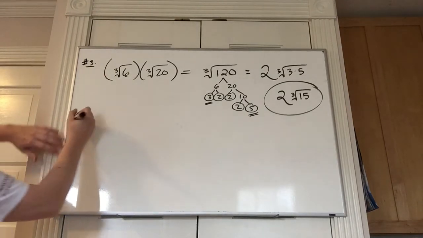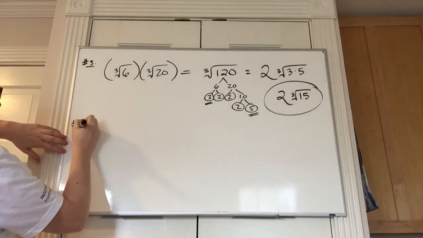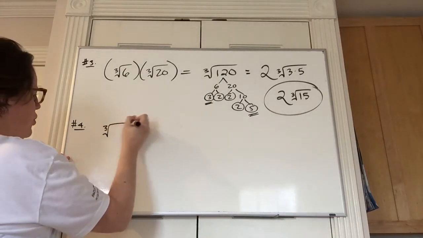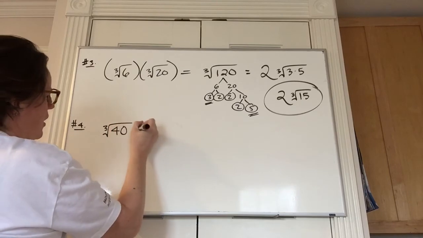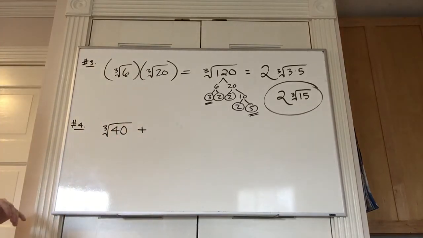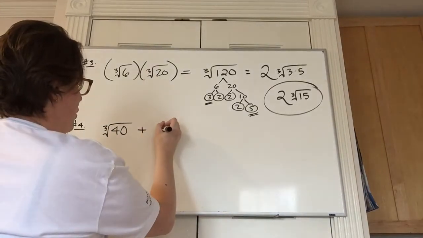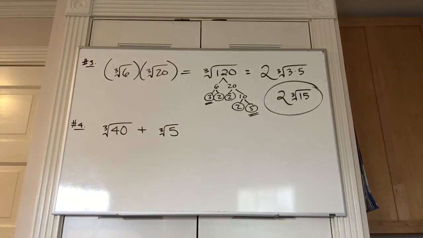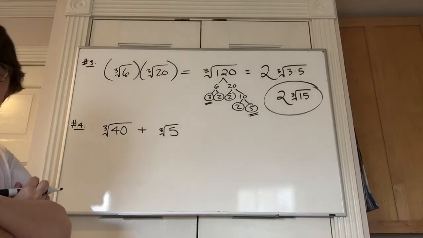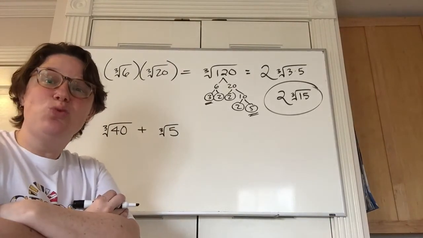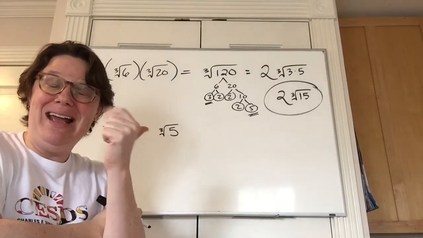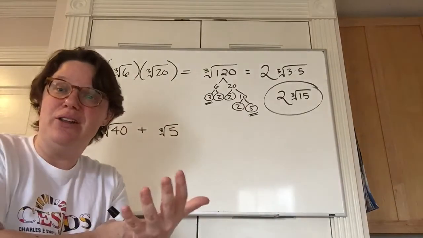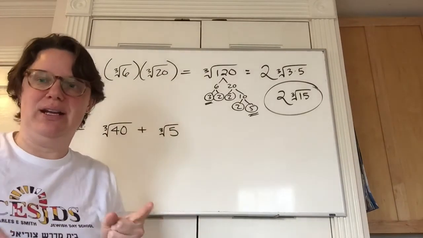We've added them. So let's say that I gave you a problem like the cube root of 40 plus the cube root of 5. So the big message from last time's video is that even though it's really easy to multiply and divide square roots, that doesn't work with adding and subtracting.